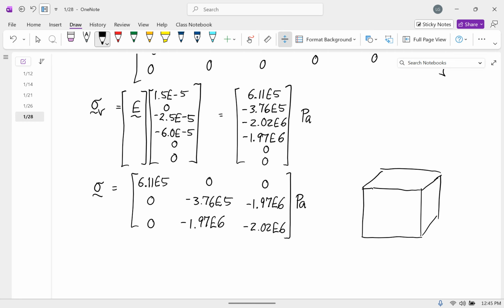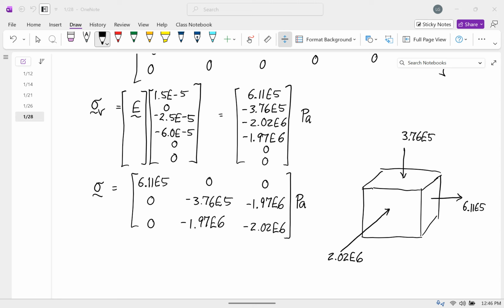Okay, so what this says is there's tension here of 6.11 times 10 to the 5th. There's compression here of 3.76 times 10 to the 5th. And there's compression here of 2.02 times 10 to the 6th.